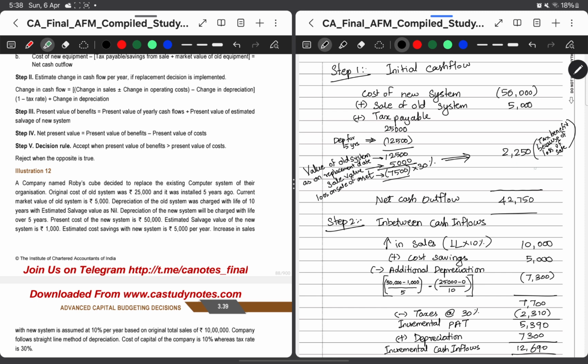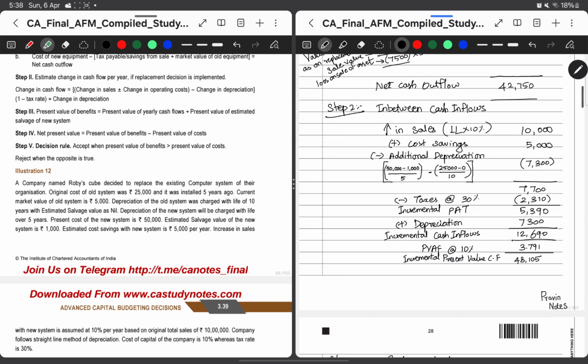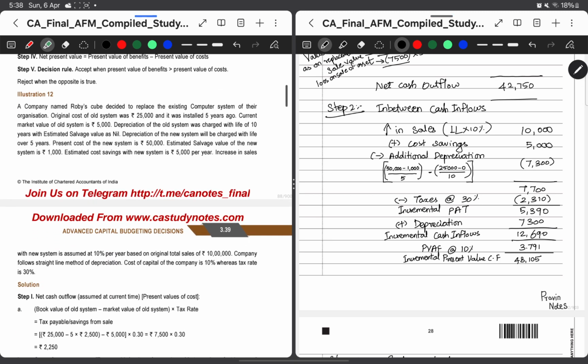If this loss didn't happen, then we would have to pay a tax of 2,250. So this opportunity cost is considered as a cash inflow. So 50,000 cash outflow, then savings like sale of old asset, plus tax savings, the ultimate net cash outflow will be 42,750.